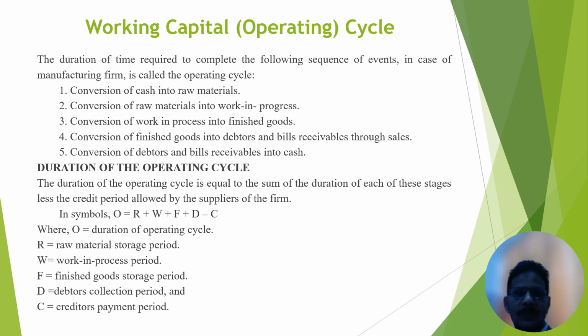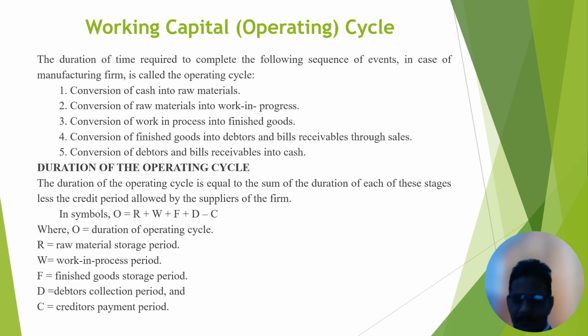O is equal to R plus W plus F plus D minus C. Here O means duration of operating cycle, R means raw material storage period, the time required for raw material storage, W means work in progress period, F means finished goods storage period, D means debtors collection period, and C means creditor payment period.